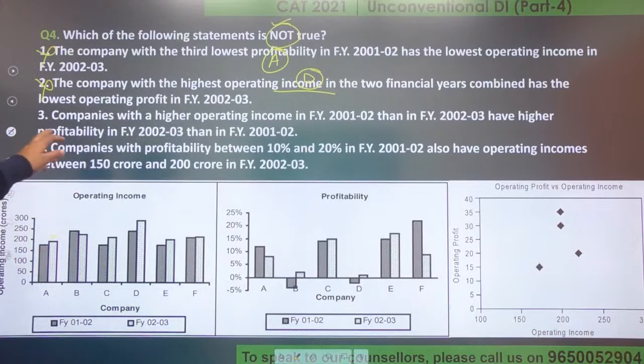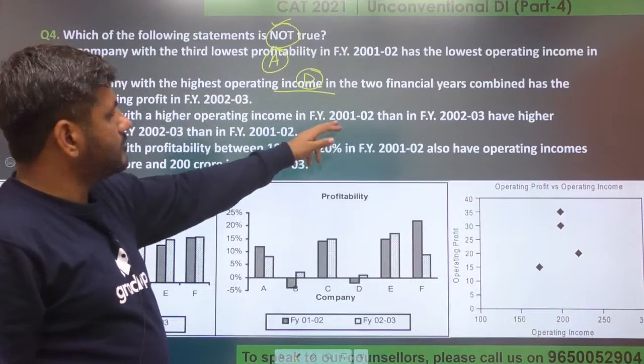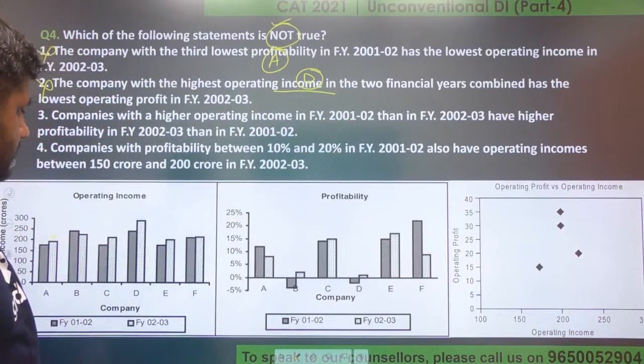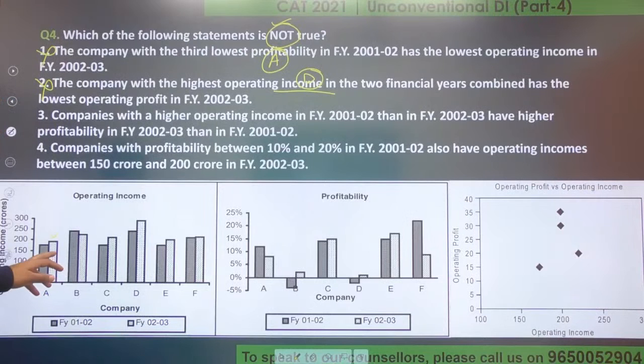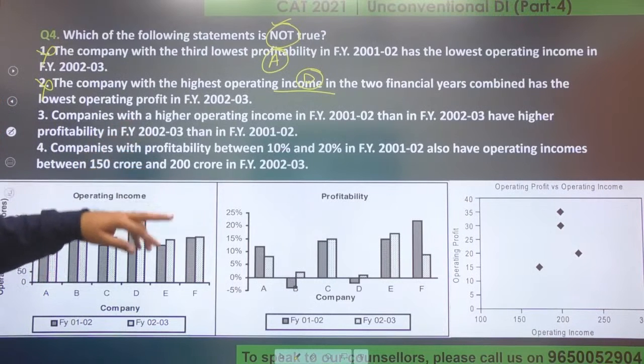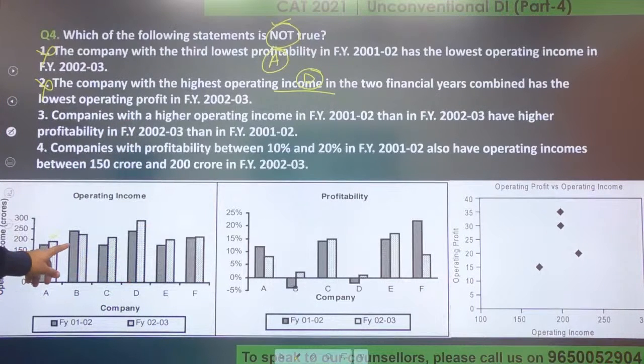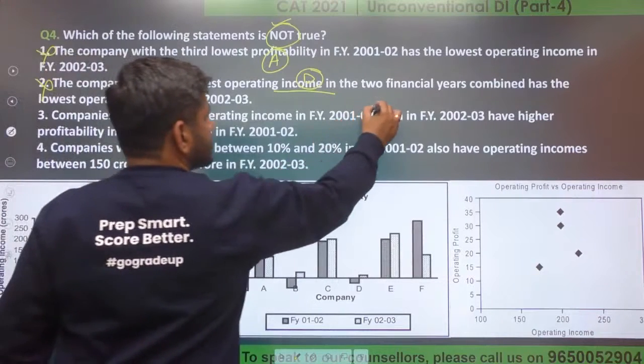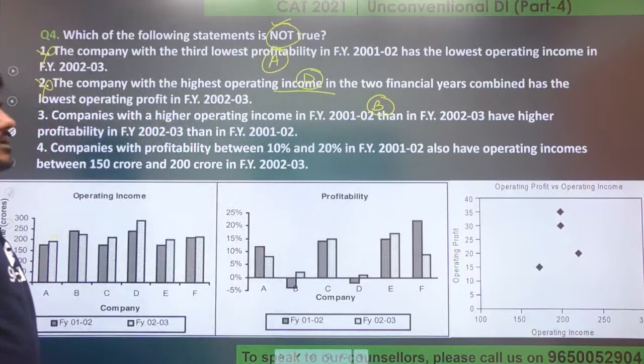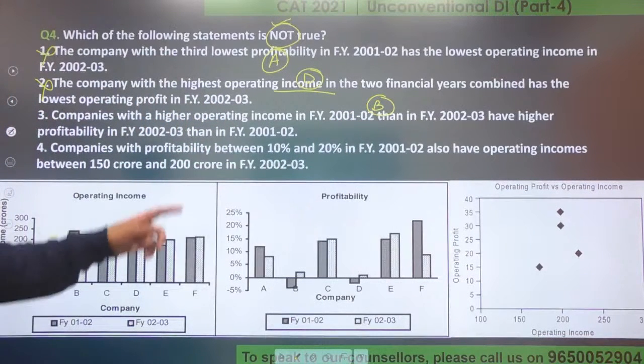Third, companies with a higher operating income in 0102 than in 0203. 0102 का income 0203 से ज़्यादा किसमें है? Only with B. There is only one such company which is having an operating income in 1-2 higher than in 2-3.